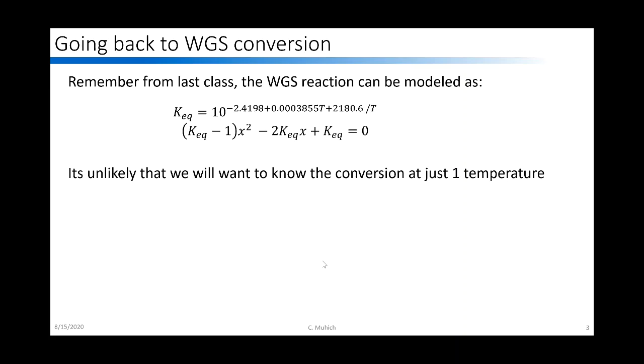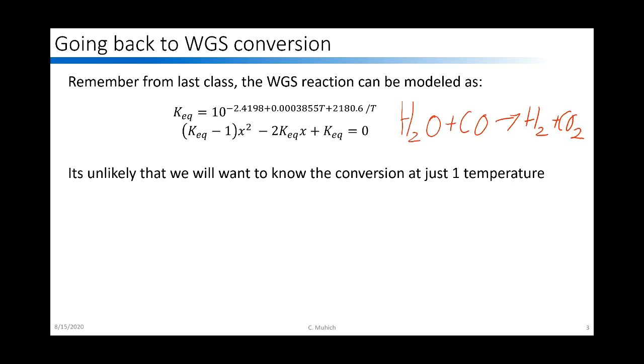Okay, so let's go back to our example chemical engineering problem that we've been using so far, specifically looking at the water-gas shift reaction. Remember, this is the reaction where we take water plus CO going to H2 plus CO2.